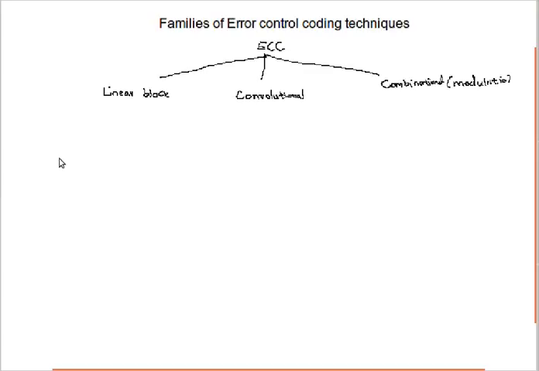The first one is the linear block codes. But what does it mean? The idea is really simple. You have a block, your encoder.